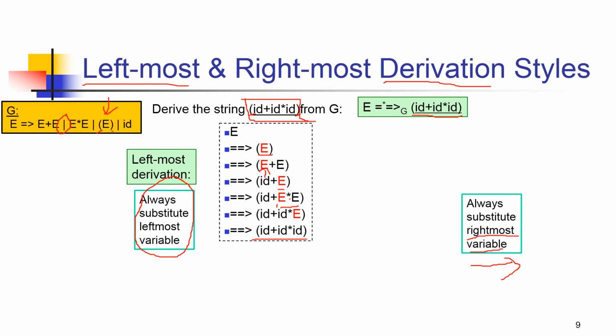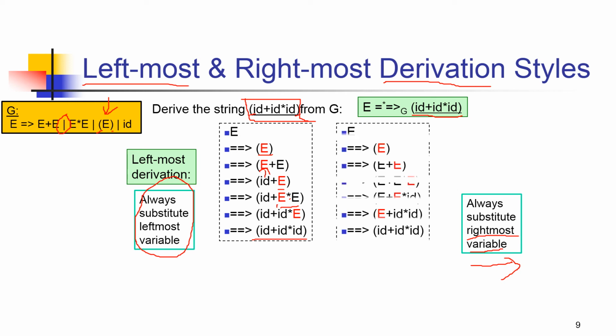The substitution will be of the rightmost variable, so be careful about it. So let's pick again. E is producing this. Now here we got E plus E. Here we had this E, and here we had this particular E.